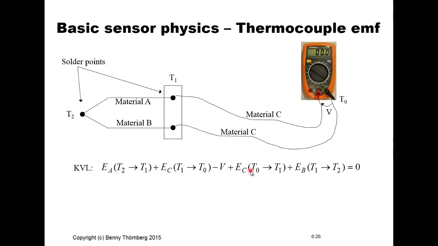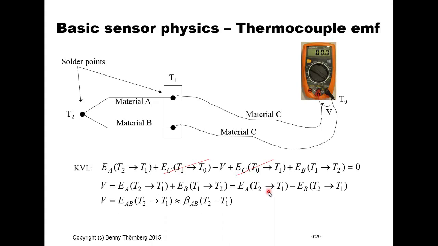And we can further develop this equation to solve for the voltage V, which we are interested in, which will be the potential over material A from T2 to T1 minus the potential difference over material B from T2 to T1.